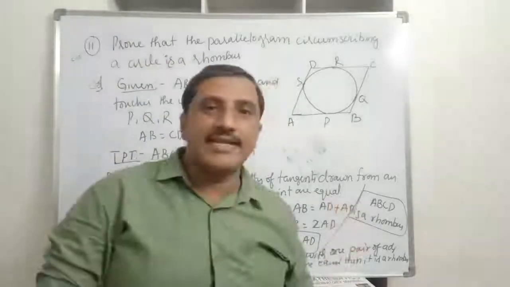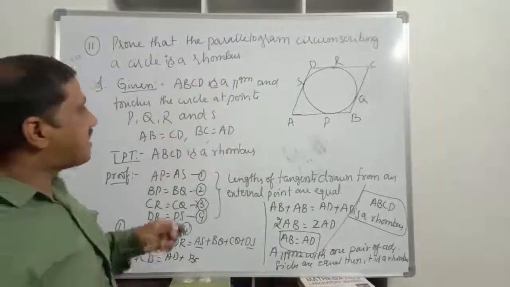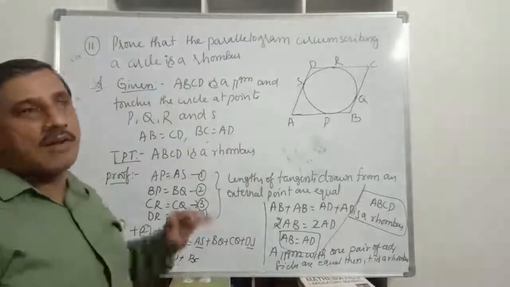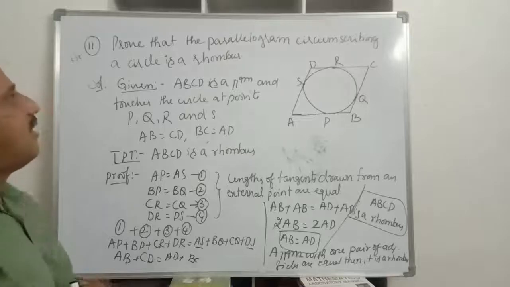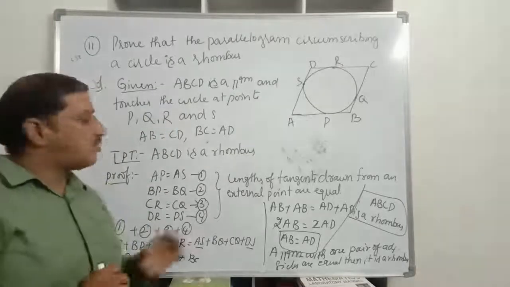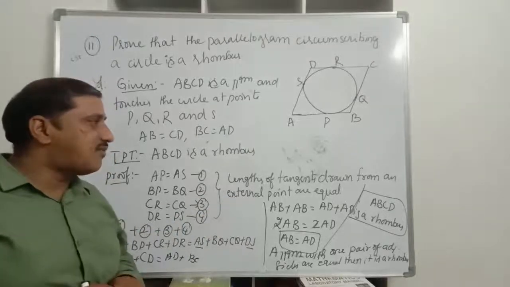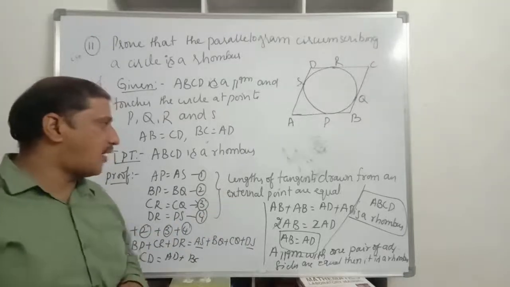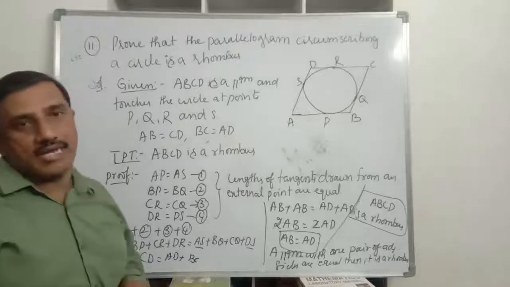Therefore ABCD is a rhombus. So like this, by using the properties of parallelogram and rhombus, we can prove that a parallelogram circumscribing a circle is a rhombus, using the concept that lengths of tangents drawn from an external point to a circle are equal.